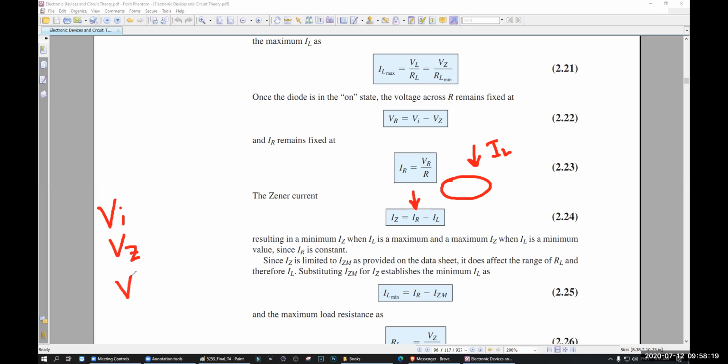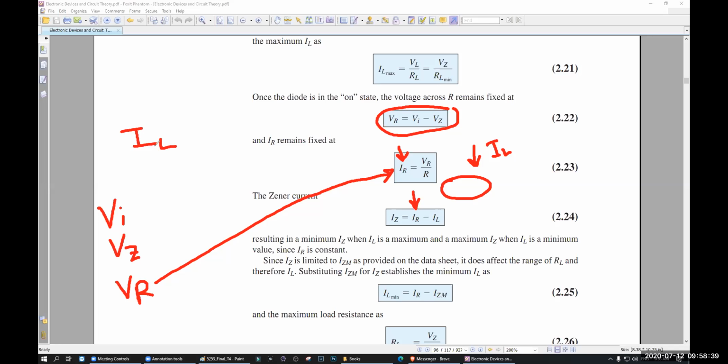That means our VR is fixed as well, so the IR is fixed, right? But which one is not fixed? Your IL is not fixed, because it has a maximum value, that means it has a minimum value as well.